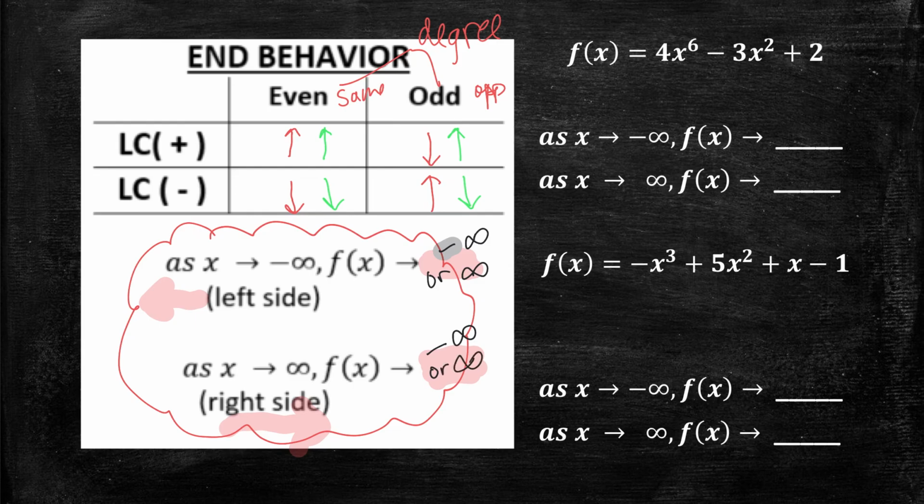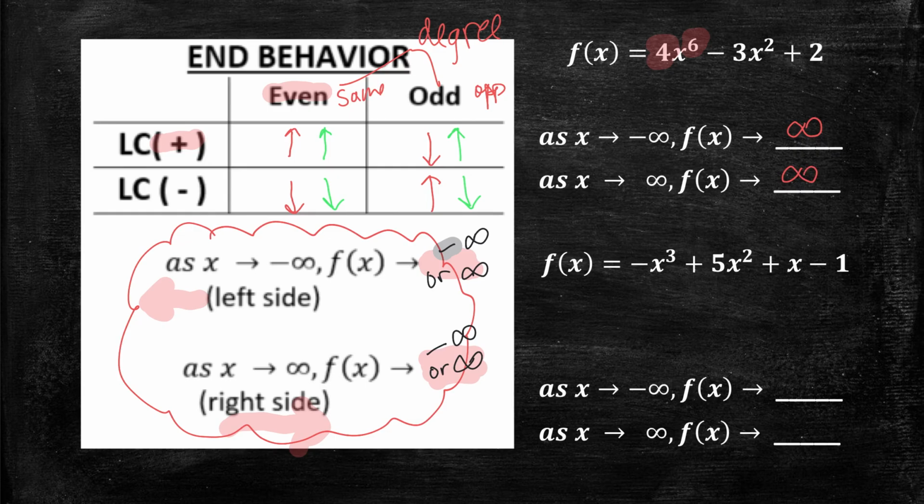Okay, so if we go back to the same examples that we just talked about, this one has an even degree and the leading coefficient is positive. So if we go over here, leading coefficient is positive, even degree, that means that both ends are going up, and so you would fill this in with positive infinity, positive infinity.